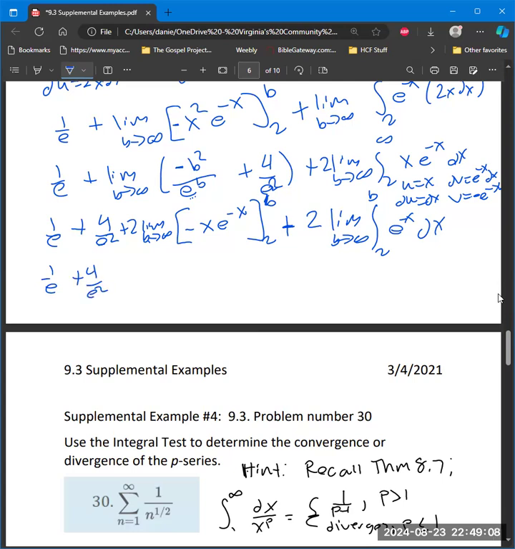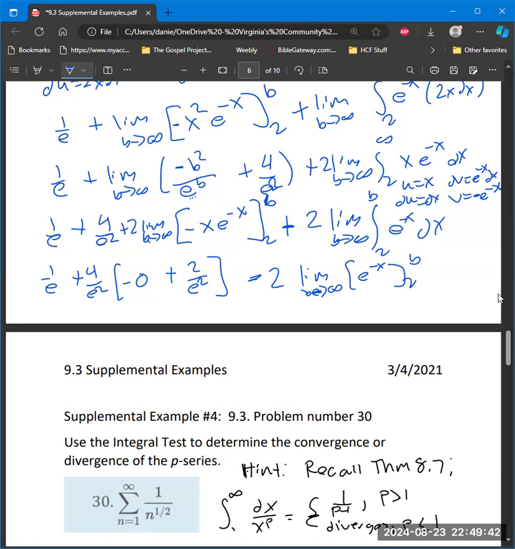It's going to be 1 over e plus 4 over e squared. And then this is going to be, again, when e to the b is in the denominator, it's going to infinity. That's going to go to 0. That's going to be a negative 0 plus 2 over e squared. And this is going to turn into minus 2 times the limit as b goes to infinity of e to the negative x from 2 to b, like that.